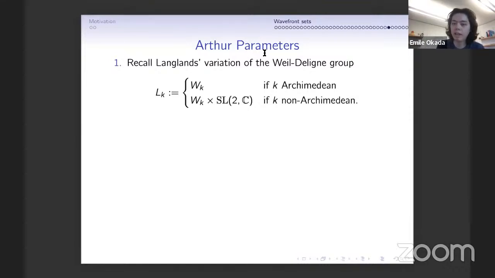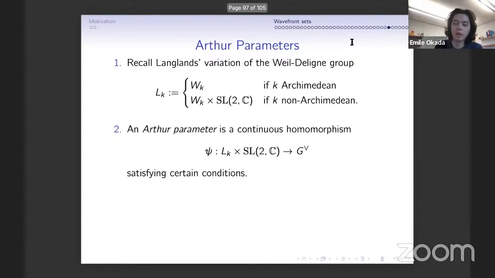That's just the Weil group when K is Archimedean, and the Weil group cross SL2 in the non-Archimedean case. And recall that Arthur parameters are continuous homomorphisms into G check, satisfying certain conditions: the restriction to the Weil group is tempered, and the restriction to SL2 is algebraic. And we consider these parameters up to conjugation on the target.